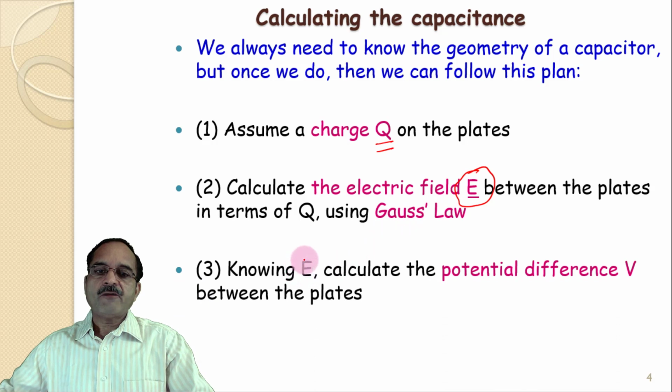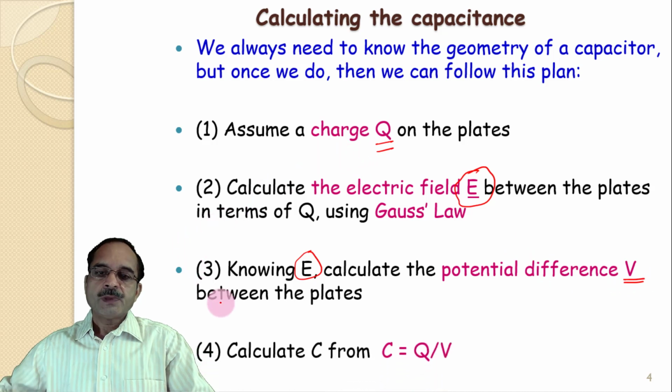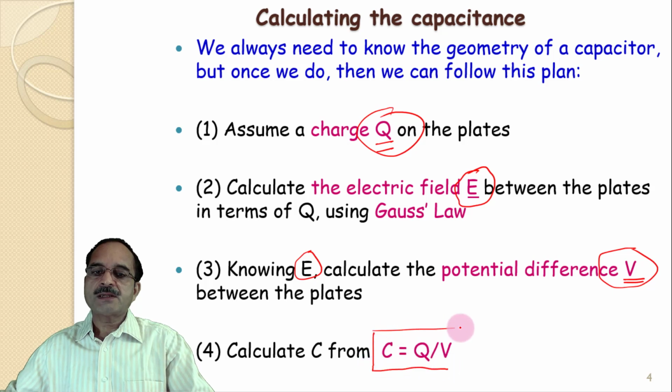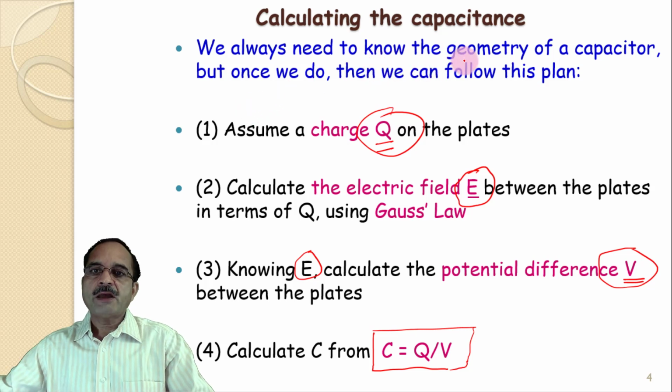Now knowing the value of E, we will calculate the potential difference V, because we know the relationship between E and V. So once V is known, and charge is already assumed, we can calculate the capacitance from the basic definition as C equal to Q upon V. So these are the steps to be followed to find out the capacitance of the given capacitor, having knowledge of its geometry and the dielectric material.